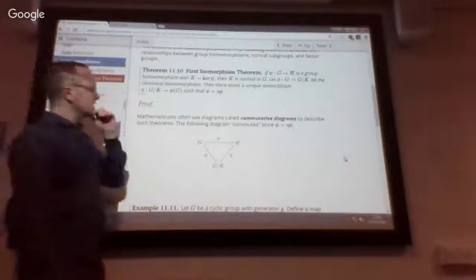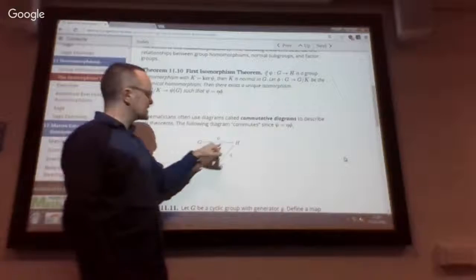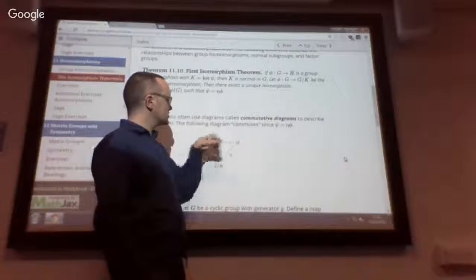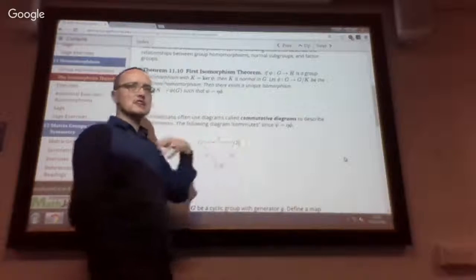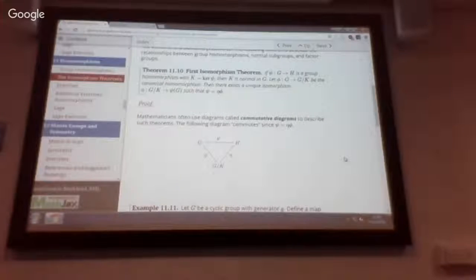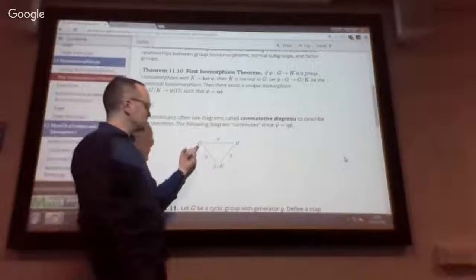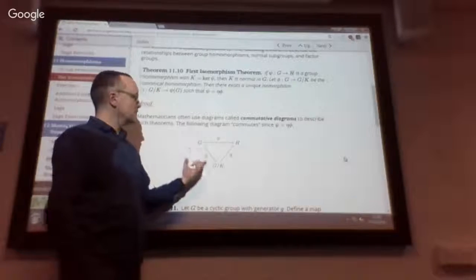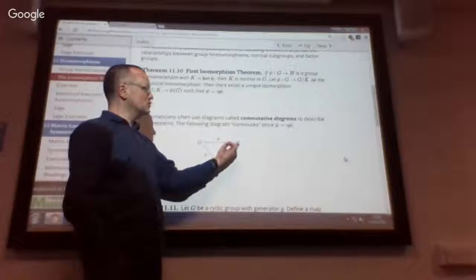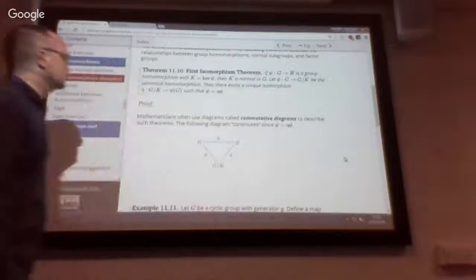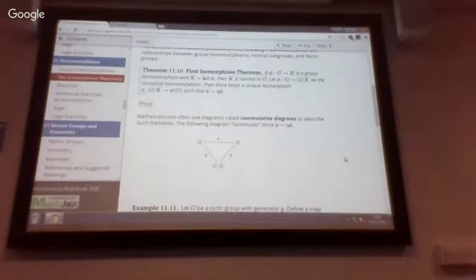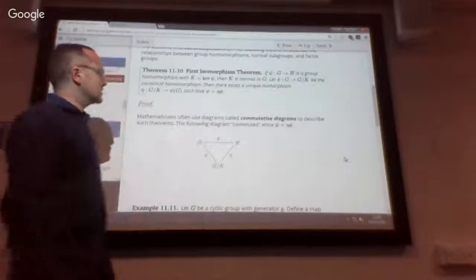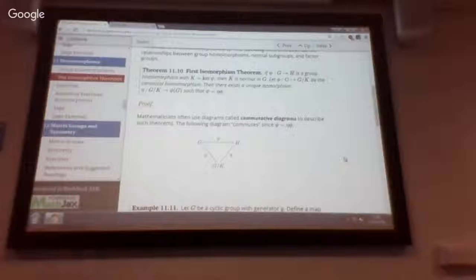And then what this first isomorphism theorem is doing is capturing this group, psi of G, over in H. It's capturing the isomorphism class of that group, and constructing a group out of G using this factor operation that will be isomorphic to the image psi of G. The particular factor group we use is factoring out by the kernel of the homomorphism.